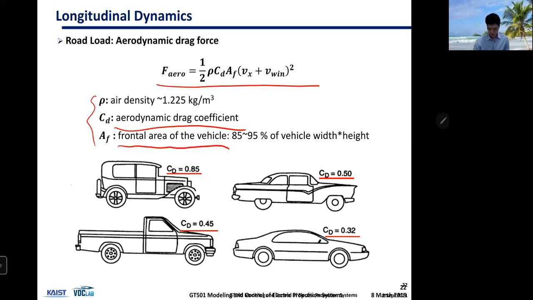So once you have those numbers and vehicle speed and air density, you can compute aerodynamic drag.